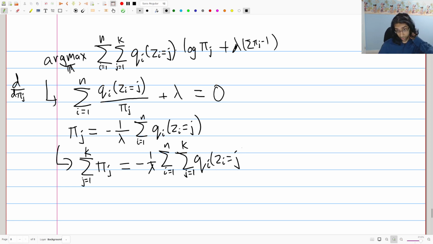Now, what do we know about this? Remember this is a distribution, so this is going to be equal to 1.